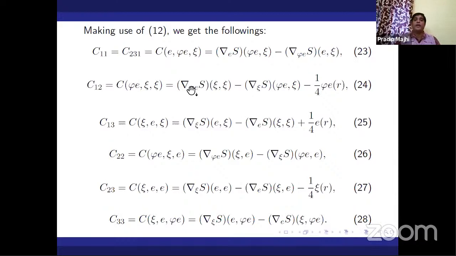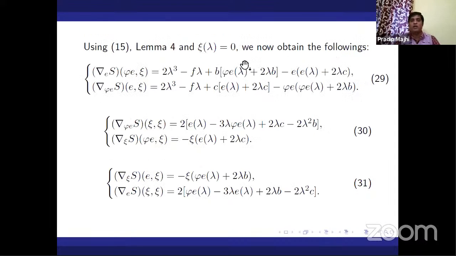Now, to find the explicit expression of the (0,2)-type Cotton tensor, we need to calculate the derivative of the (0,2)-type Ricci tensor. For that, we have to calculate this.